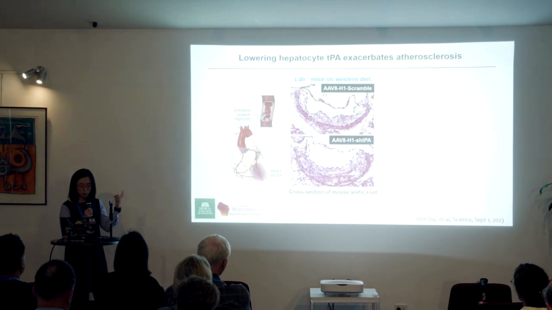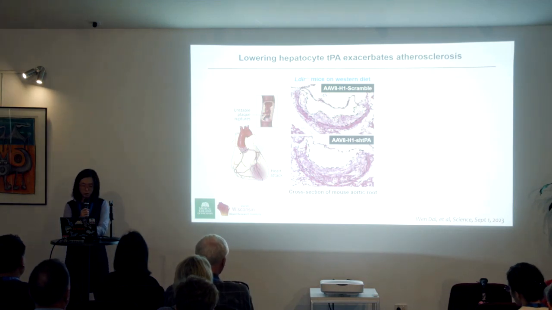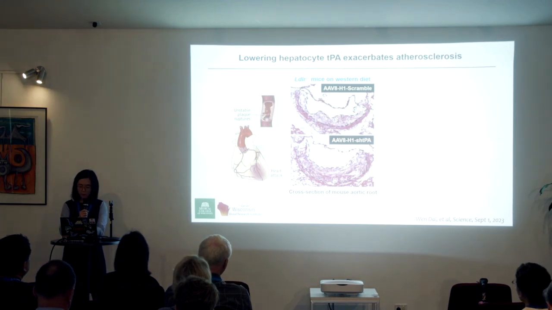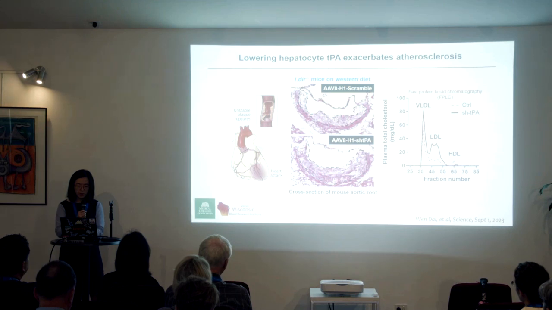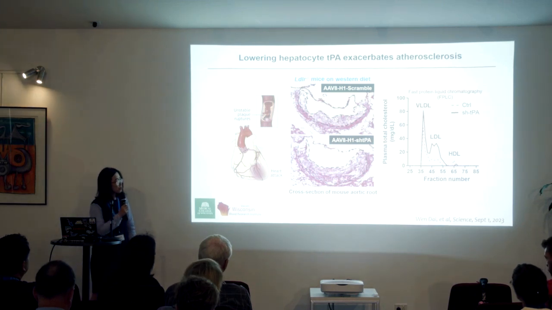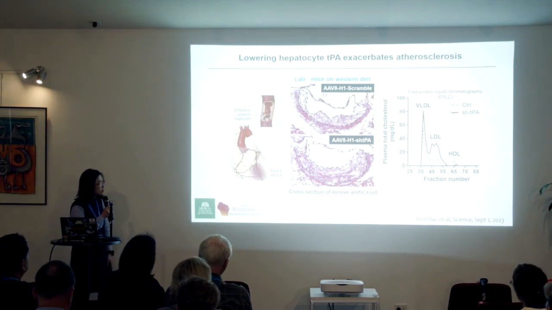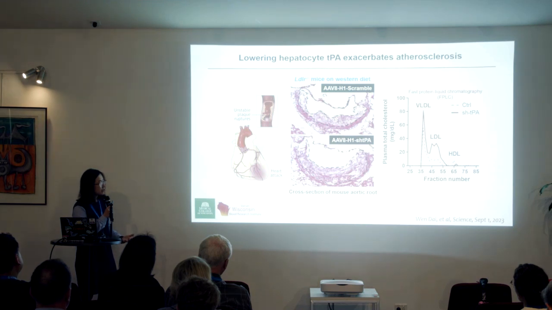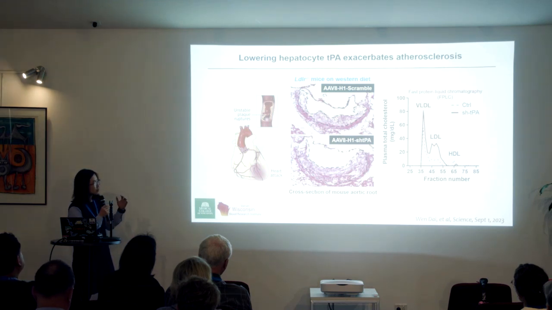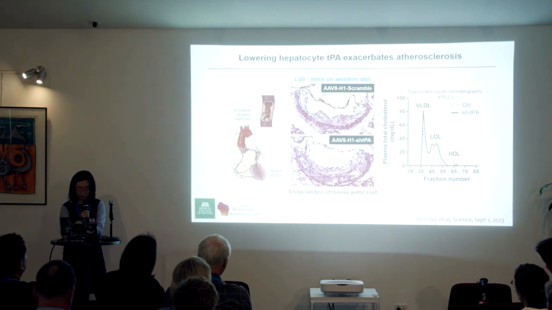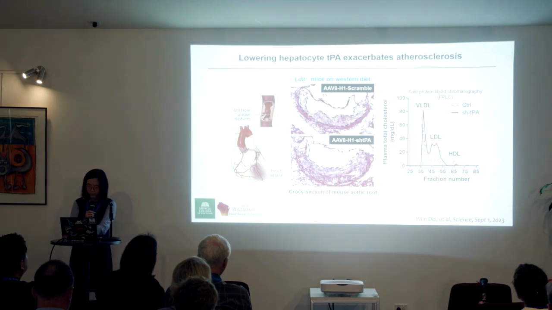From the cross-section of the mouse aortic root, you can see the atherosclerotic lesion is enlarged in the hepatocyte TPA silenced mice. The total cholesterol levels are also increased in those mice, and the fractions having the higher cholesterol are on the ApoB-containing lipoproteins, including VLDL, IDL, and LDL. All of those are atherogenic.